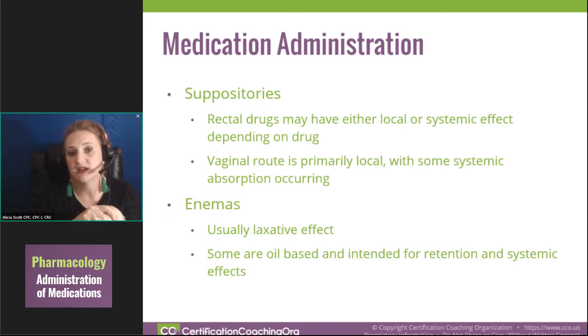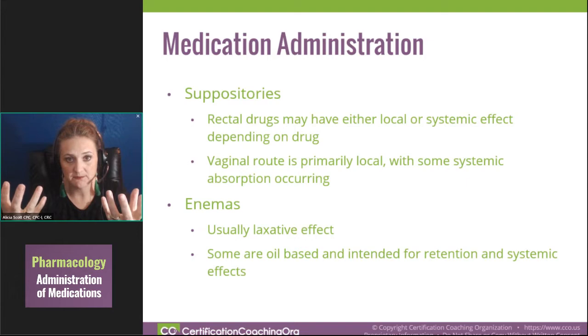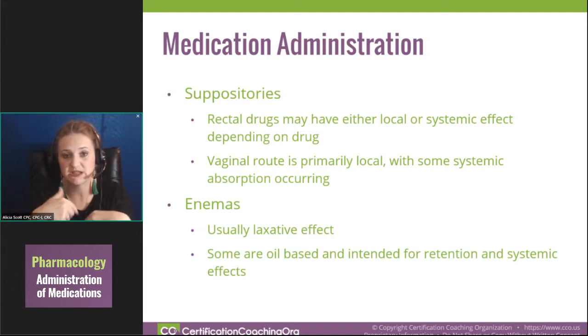Versus if a person's got nausea and vomiting and they give them Phenergan suppositories, which would go through the body systemically, right? They can't swallow a pill because everything that goes into their stomach just comes right back up, and we want them to stop the nausea and vomiting, and Phenergan does that.